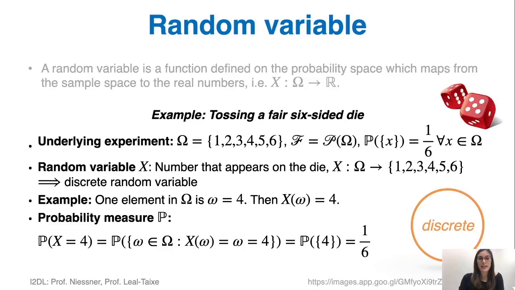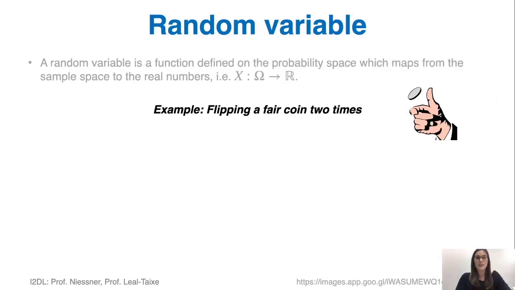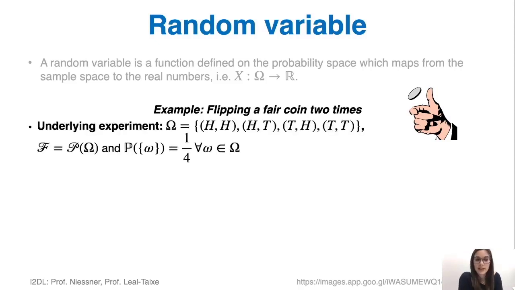Okay. So let us have a look at another discrete example. It's also a simple example: flipping a fair coin 2 times. Again, we have to define our probability space, as I said in the beginning. Our omega is the set of all possible outcomes of our random experiment. If I flip a coin, I can get either head or tail.